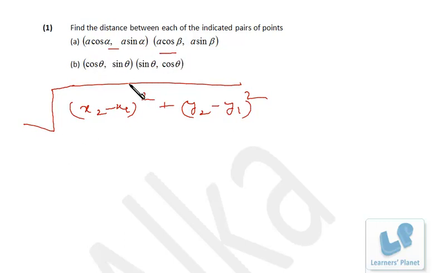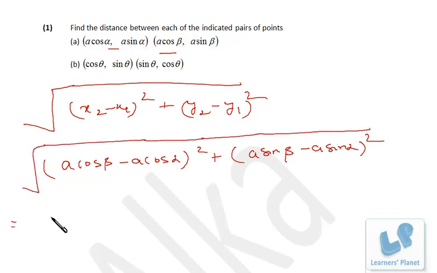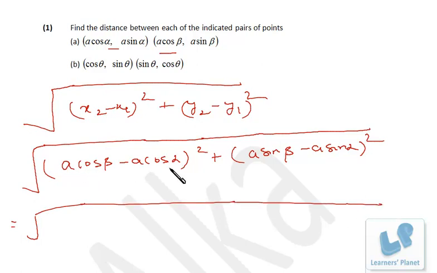x2 is a cos beta, so it's a cos beta minus x1 is a cos alpha whole square plus a sin beta minus a sin alpha whole square and square root, right? So that is square root. Just open up the bracket.